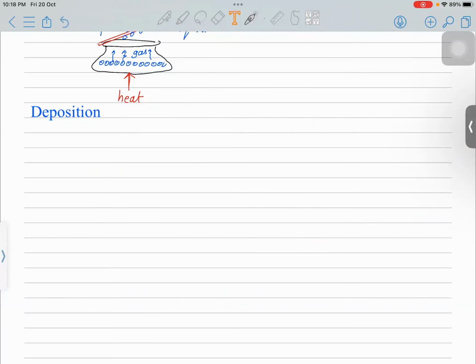Yes, what is deposition? Change of state from gas to solid.